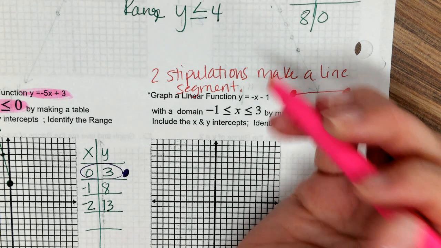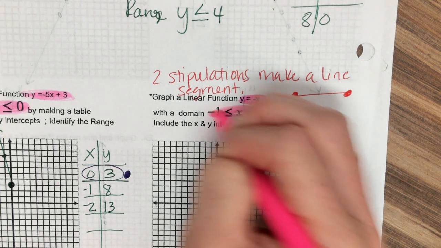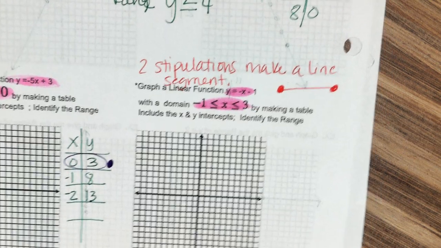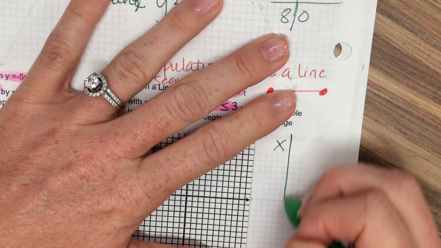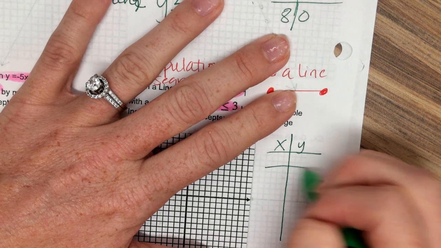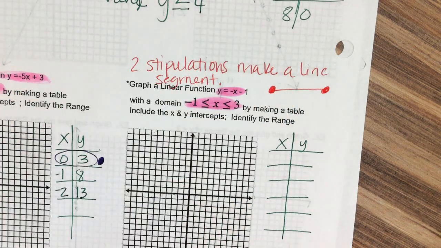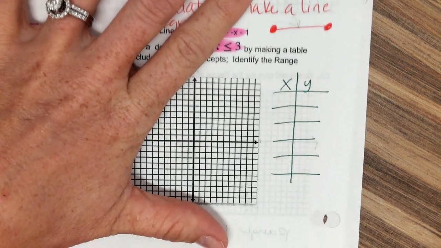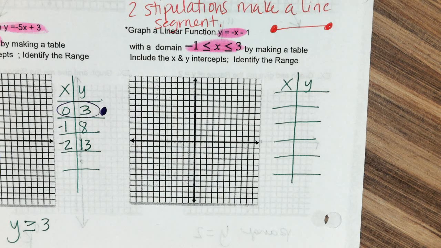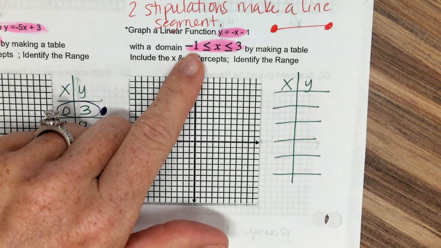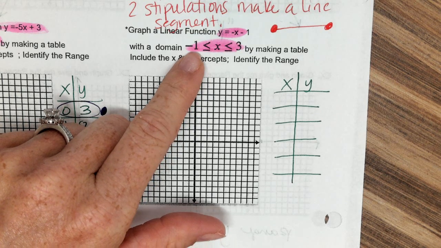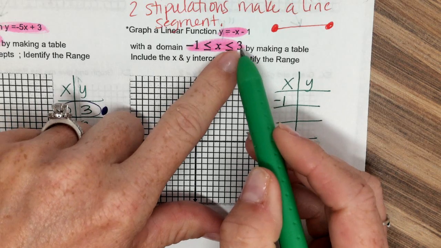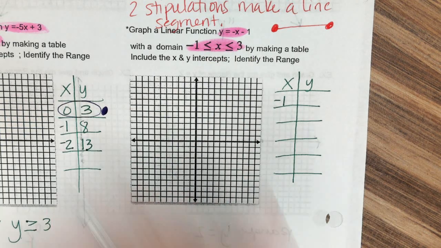Okay, here's our function. Here's our stipulation. Let's make a table. What are they telling us our domain has to be? That it's going to be between -1 and, so I have to have -1 and I have to have 3. And everything in between.